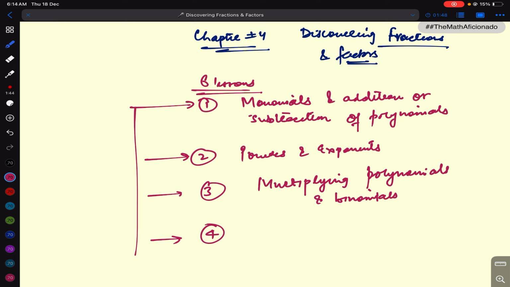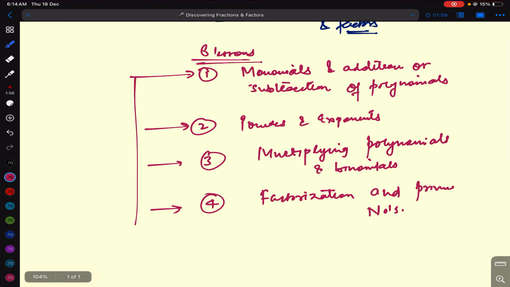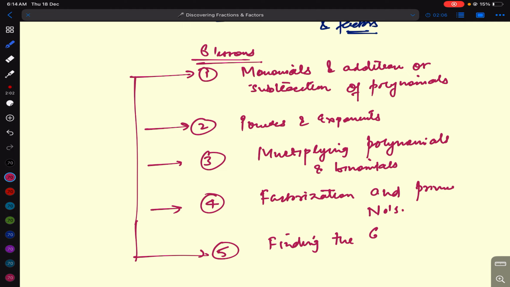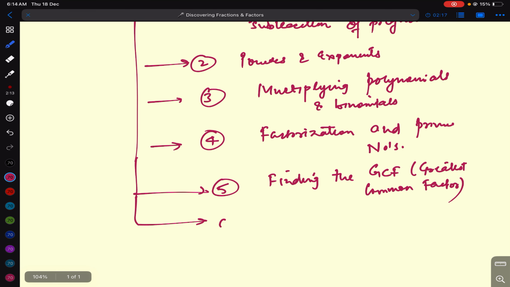Number 4 here is factorization and prime numbers. Number 5 here is finding the greatest common factor. And the last but not the least, which is number 6, finding the least common multiple.